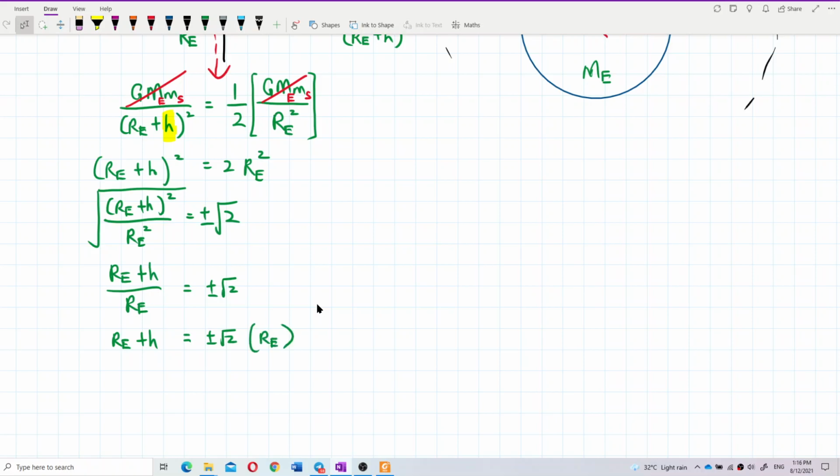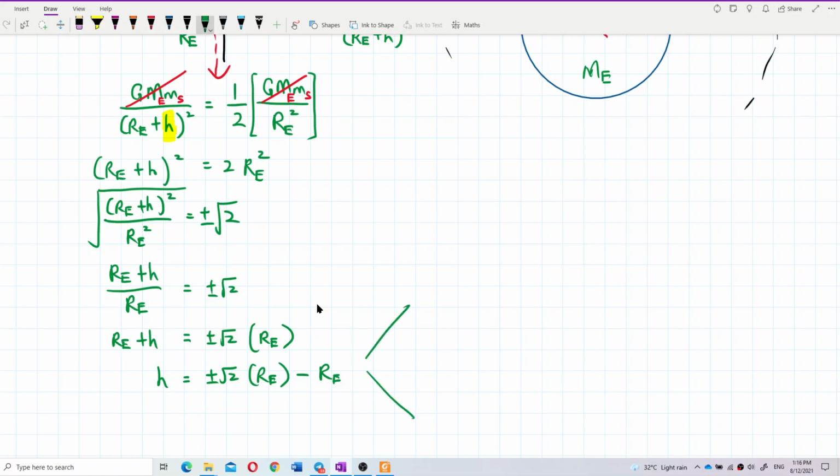Apply this one. So what is H? H would be plus minus 2, and then become minus. Okay, so let's find out the H. So we have two possibilities of value.